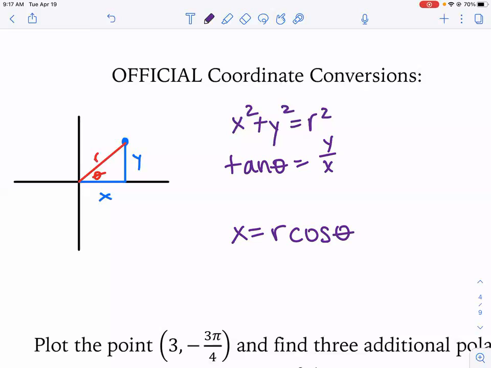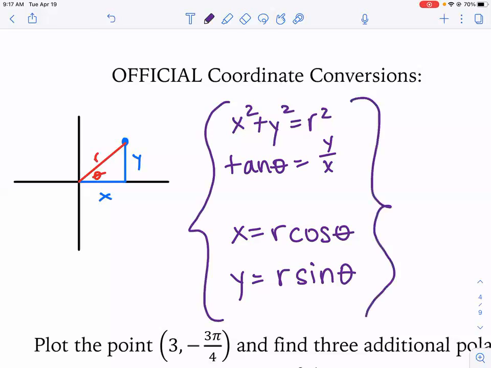This one you can write down. Flashback to vectors a little bit and how we worked with that picture. We're going to do the same thing. We know that the sine of theta is y over r. And so if we want y by itself, we can multiply r to the other side. Y is r sine of theta.